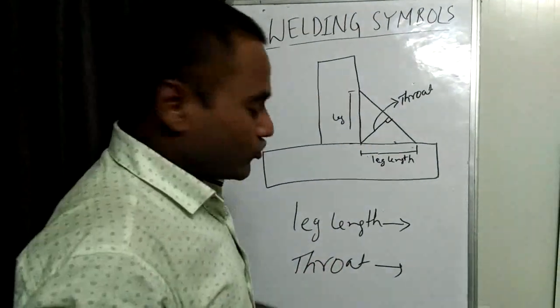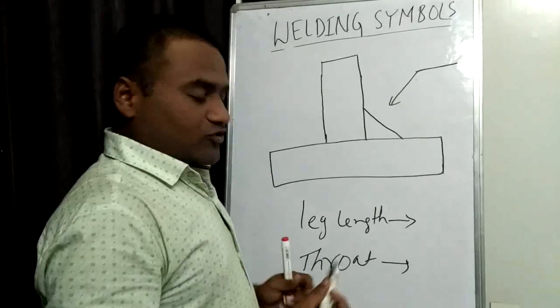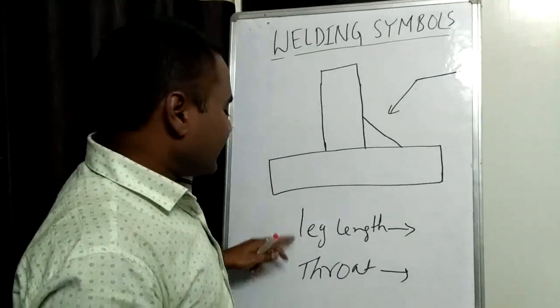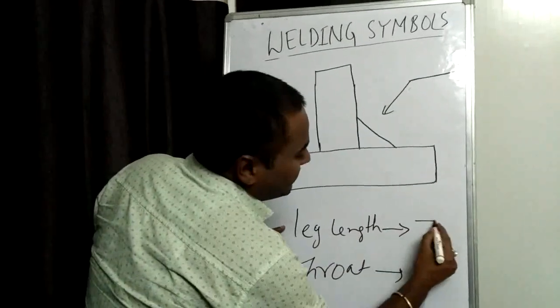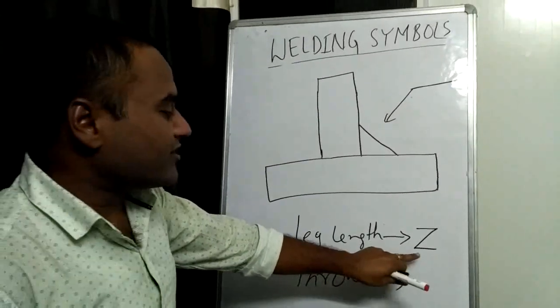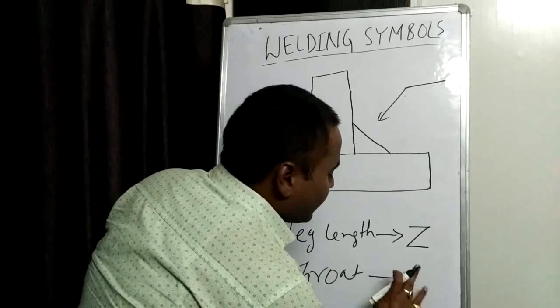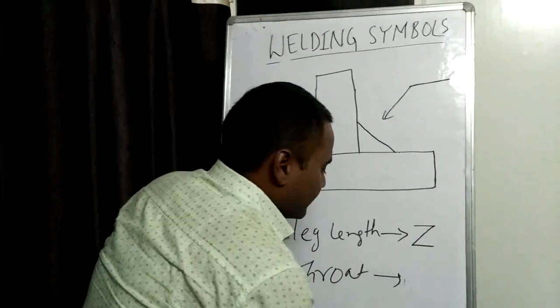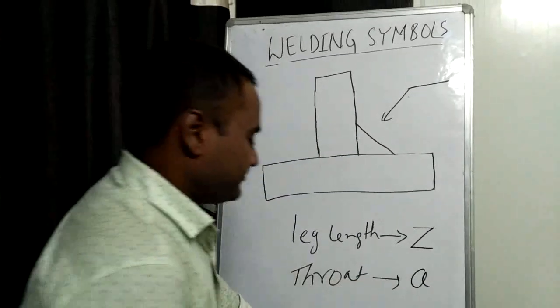Now I show you how to represent this leg length and the throat on the drawing. So as per ISO, leg length and throat can be given. See, leg length is represented by the symbol Z, and throat is represented by the symbol a.